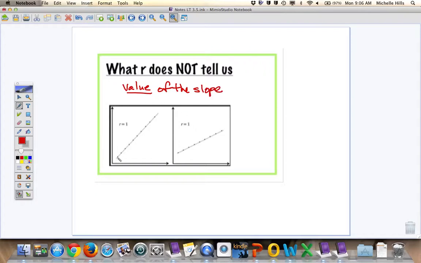The correlation coefficient for each of these sets of points is positive 1 because they are perfectly linear. That's what the 1 tells us, and we'll get back to that in a minute. And the slope of the line of fit is positive. But if I had the same scale on these two graphs, the slope of this line is actually greater than the slope of this line, but they both have a correlation coefficient of positive 1.